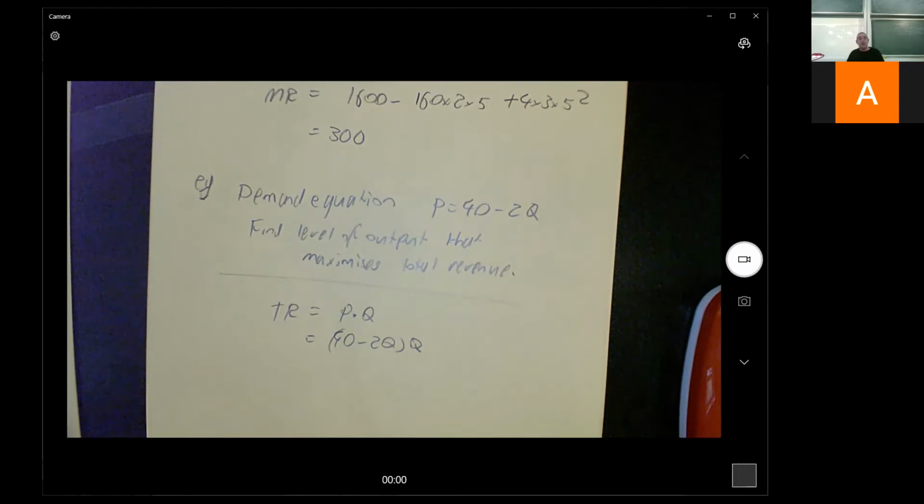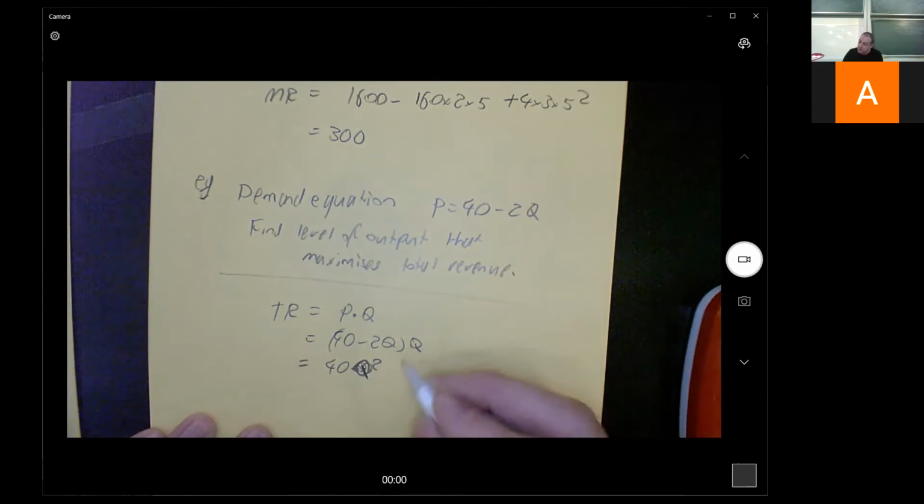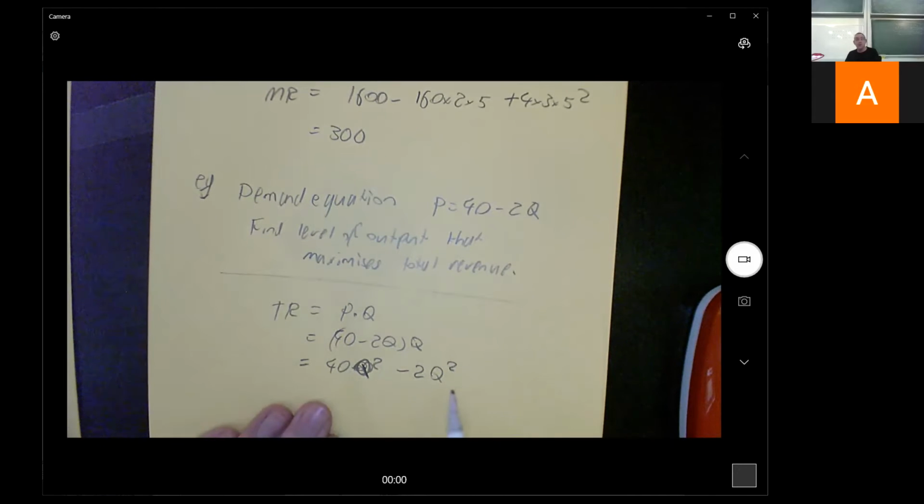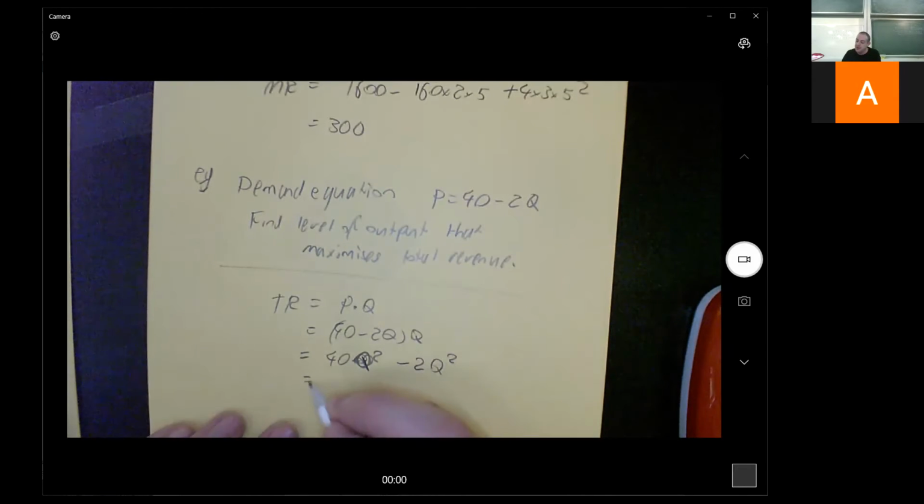So one way is to imagine what this graph is. This is a quadratic function. I don't have to expand it out to do it, but I just want to make sure that it's obvious. So 40 times Q minus 2Q times Q, which is that. That's a quadratic formula, which means this function is a quadratic function, which means it's a parabola.